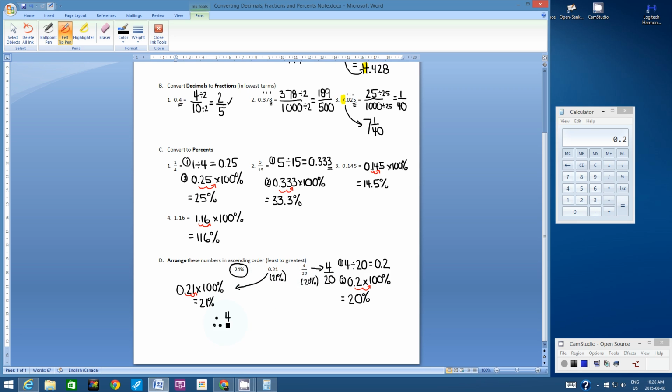So we have 4 over 20 is the smallest number. And then that is less than, what's the next largest number? Well, it's 21%, but 21% was actually given to us as a decimal of 0.21. And then the largest number is 24%. And we can write 24% because it was given to us as a percentage.